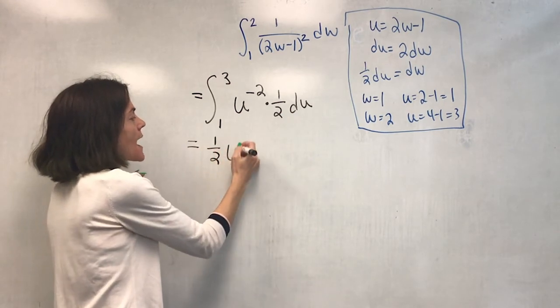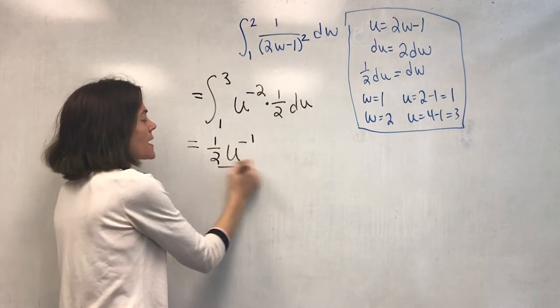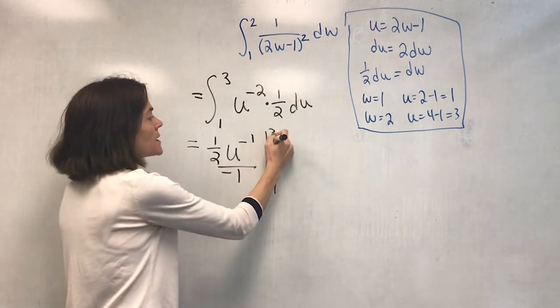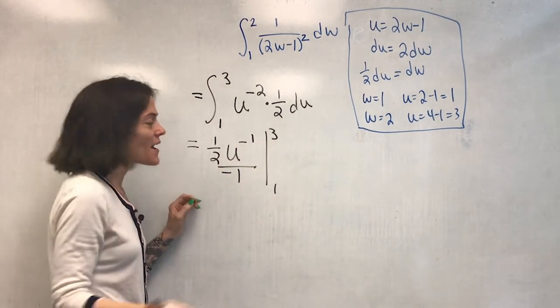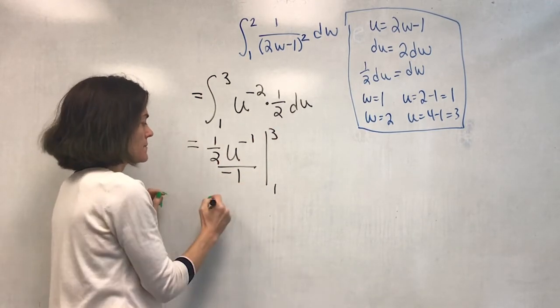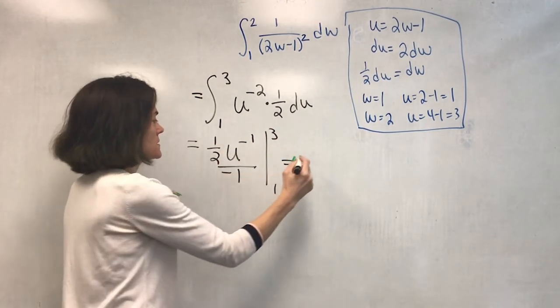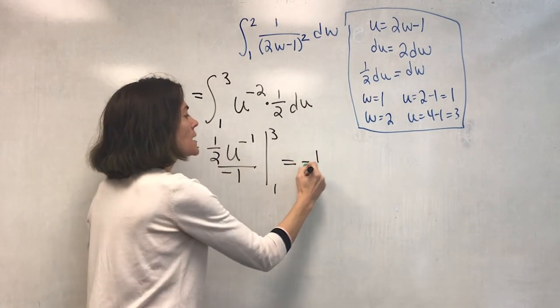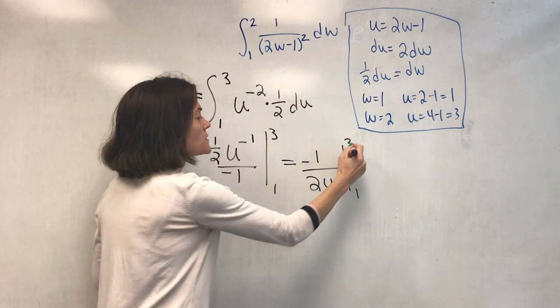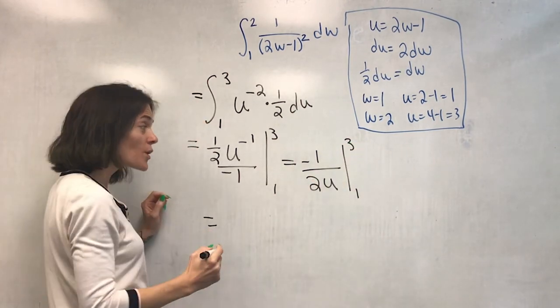1/2. We add a power, divide by the higher power, evaluated between 1 and 3. Maybe before I evaluate, I will simplify this a little bit. So this is negative 1 over 2u, evaluated from 1 to 3. This is easier to work with.